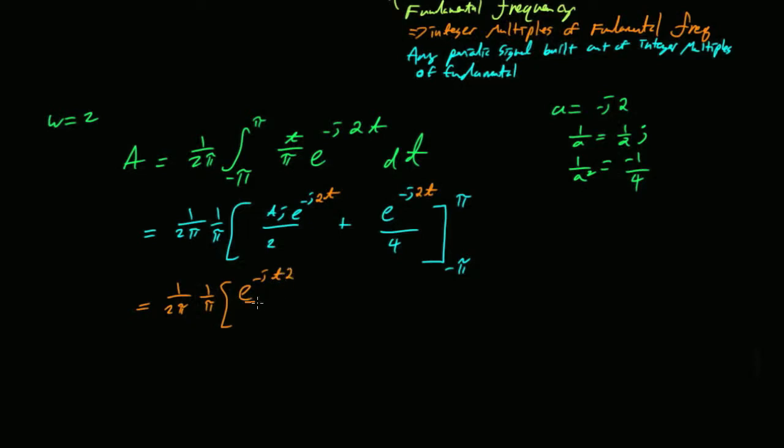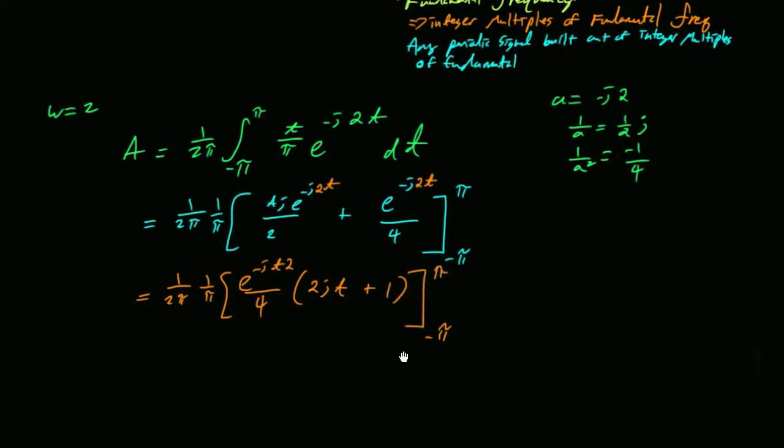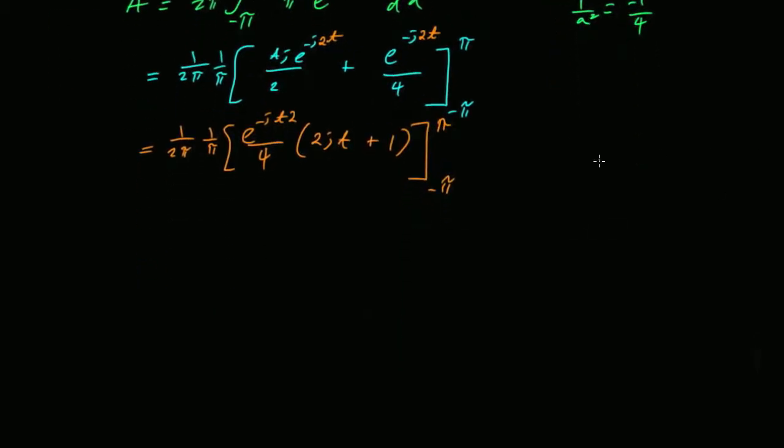Okay. So let's see here. We still have our 1 over 2 pi. We've got our 1 over pi. I'm going to pull out this quarter. That leaves me with e to the minus j2 t, where t is pi. So it's e to the minus, so I just put a 2 up there, right?